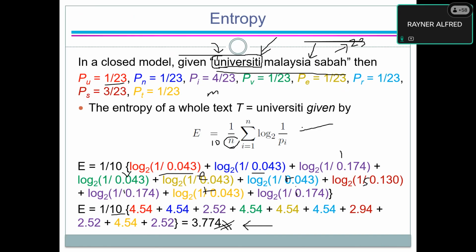Based on this formula, the higher the value, the more information carried by those symbols. If the probability is high, for example if the probability is 1, that means this symbol is always used, so the term should be 0 because log base 2 of 1 is 0.